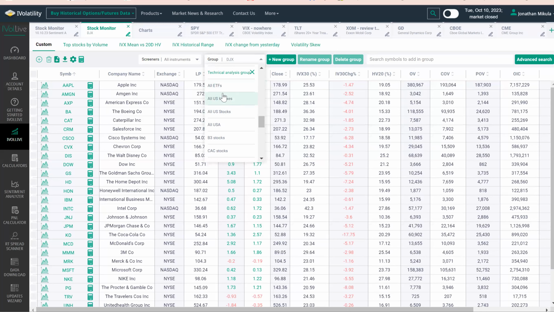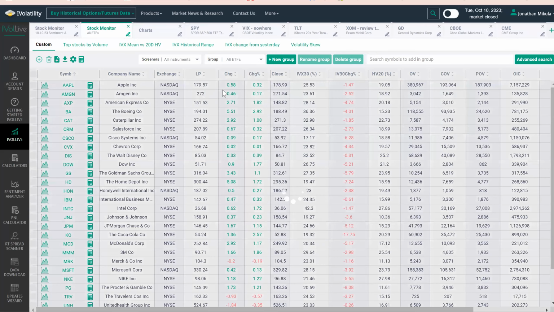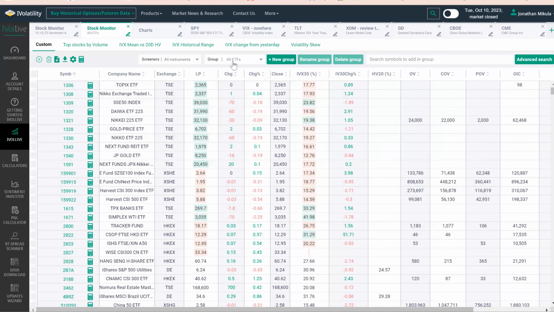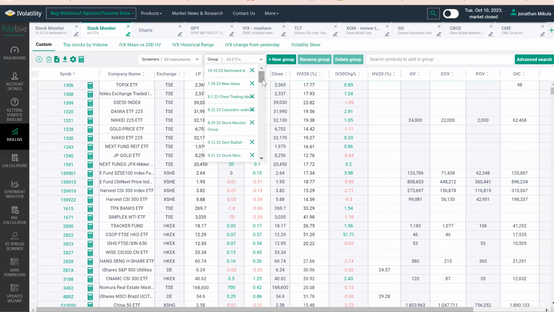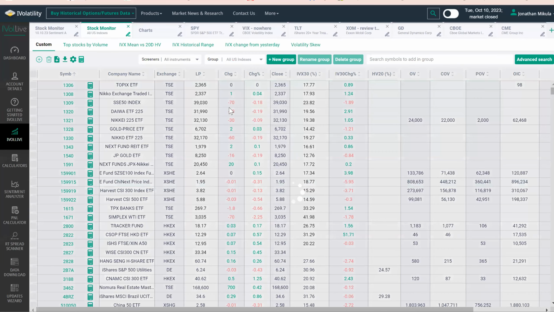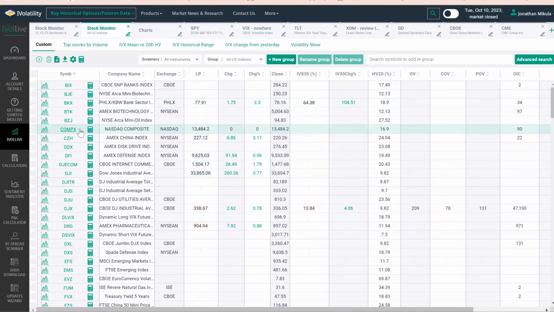Let me work with our developers on that, because right now what you would get is every ETF under the sun if you clicked on all instruments and all ETFs. So we're going to get all kinds of stuff. And if we did all US indices, obviously these are all our indices.